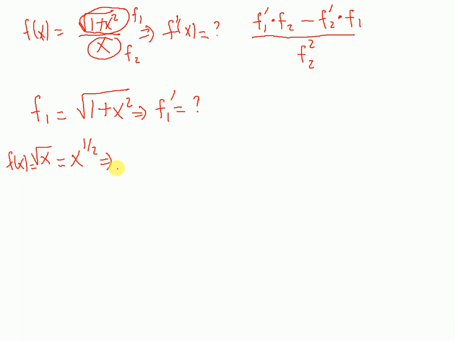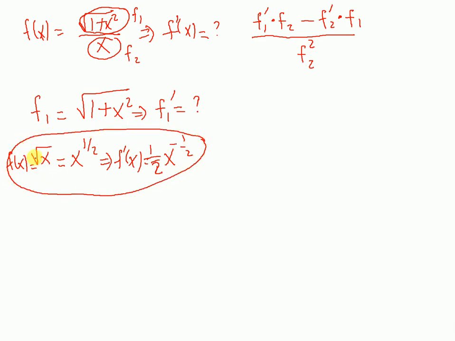If you take f prime up here, you're going to bring the 1/2 down, and then you subtract 1 from 1/2, which is minus 1/2. So we know how to take the derivative of the square root of x, but not the square root of 1 plus x squared. This thing inside here messed up everything.